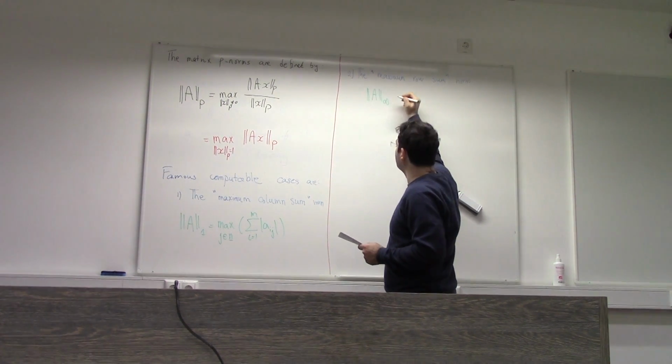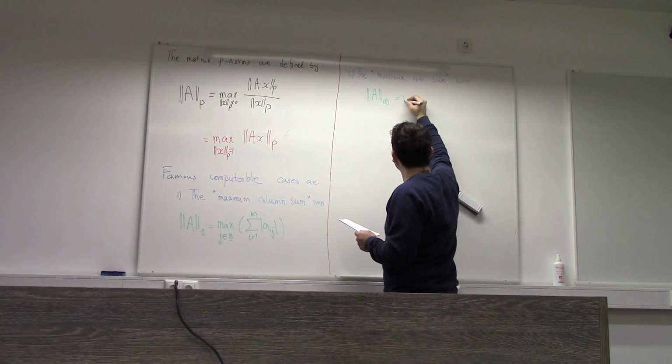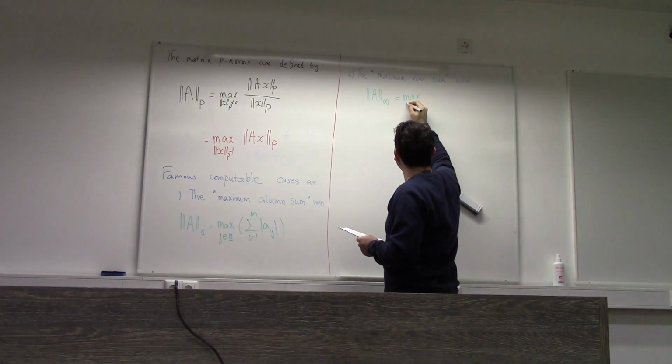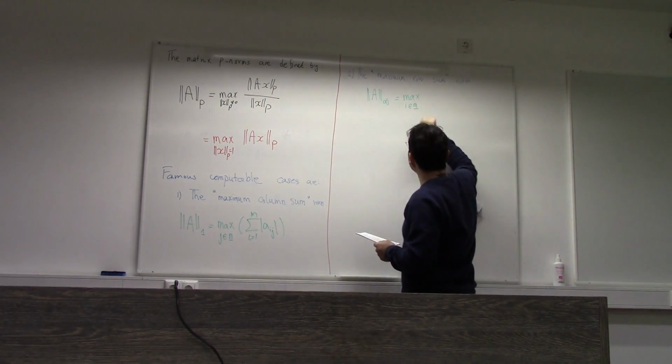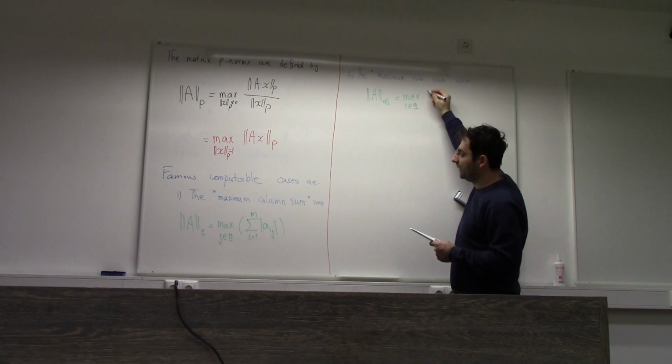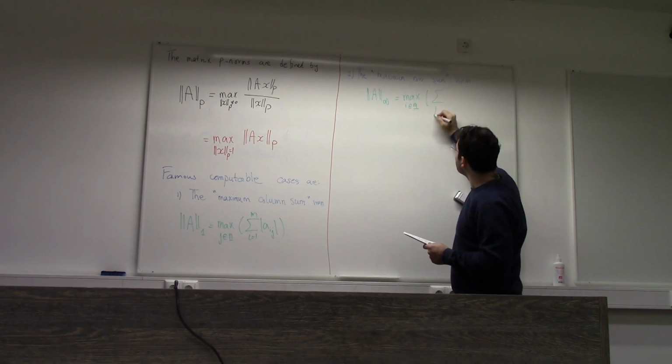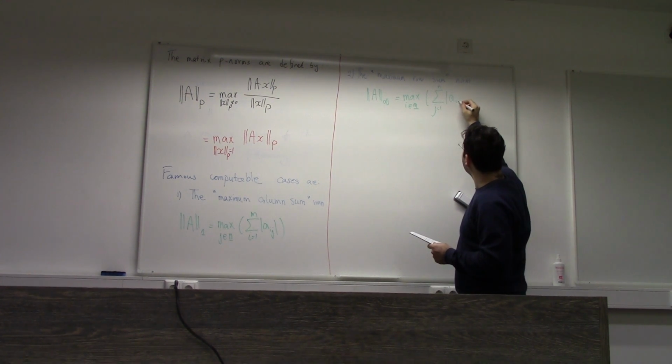Norm infinity. The maximum over i belonging to 1 to m, which means all rows, of the summation j from 1 to n of the absolute value of a_ij.